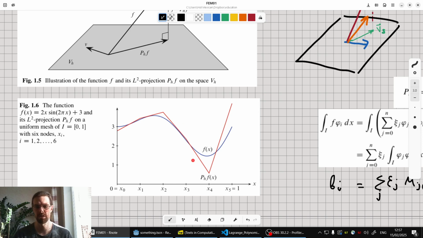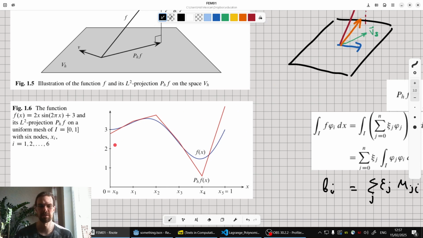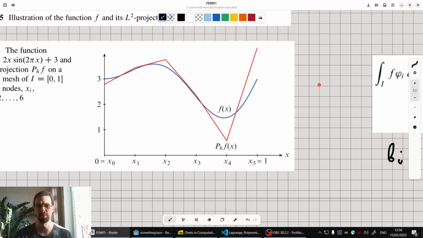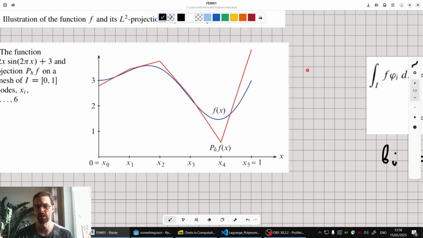We can produce an approximation. So in fact, we see that the result of this particular L2 projection gives you not linear interpolation, but something a bit different. So in fact, these nodes, they are not lying on the function.